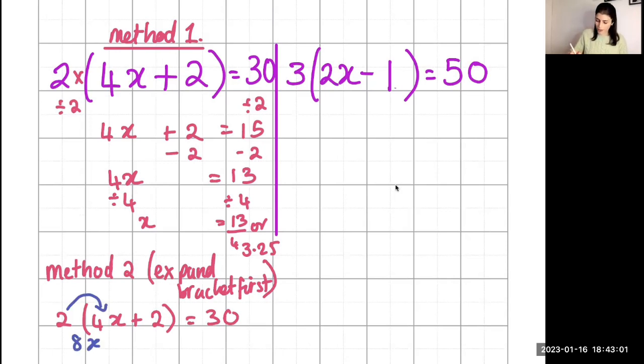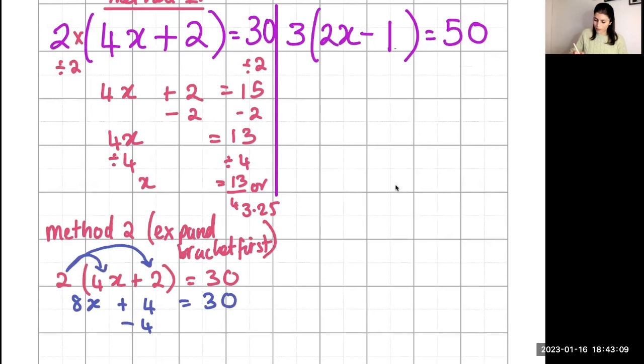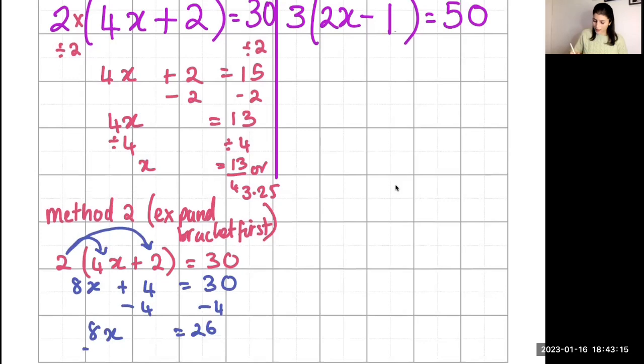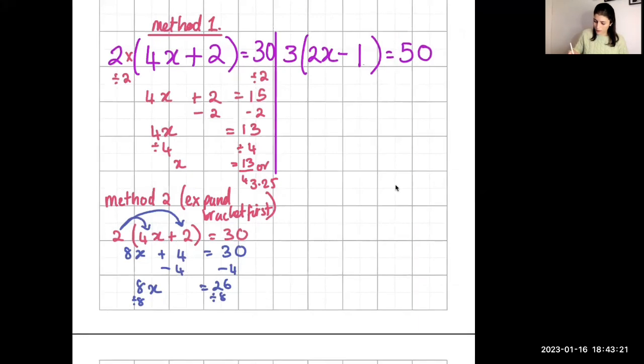And then 2 times the 2 to get plus 4 equals 30. Then I'm going to subtract the 4, get 8x equals 26. And then divide by the 8 to get x equals 26 over 8, which simplifies to 13 over 4. So you get the same answer either way.